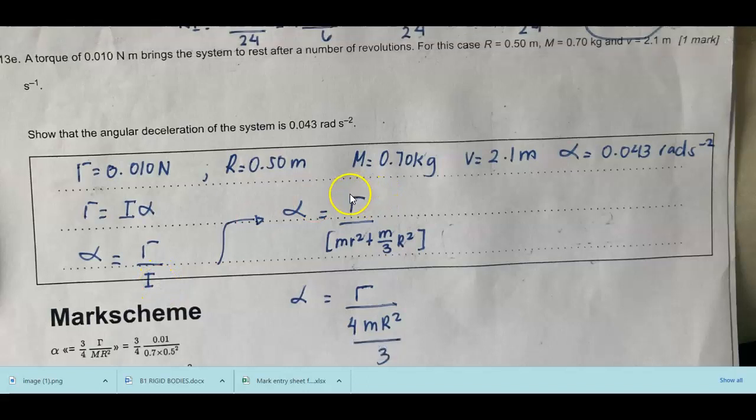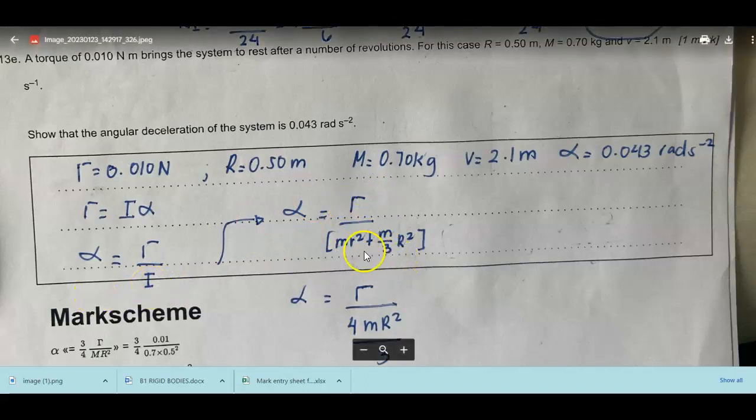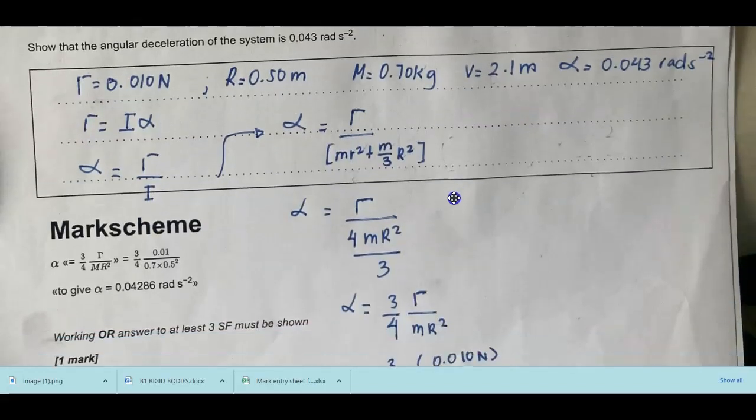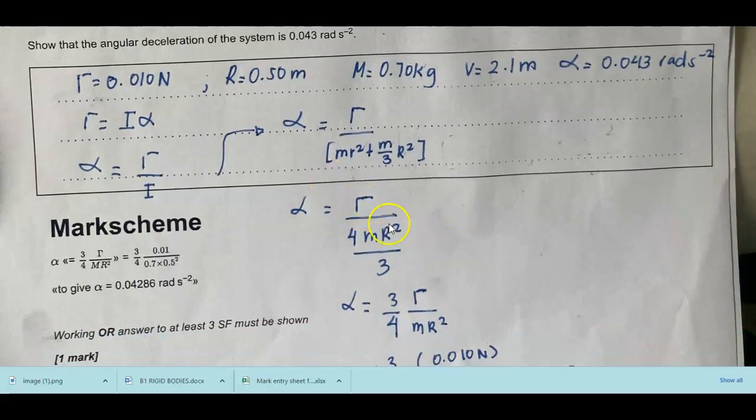Now, we know that for tau over I, we already know that I is a combination of the moment of inertia of the mass plus the point particle. Therefore, simplifying, this gives us alpha is equal to tau over 4mr squared over 3.